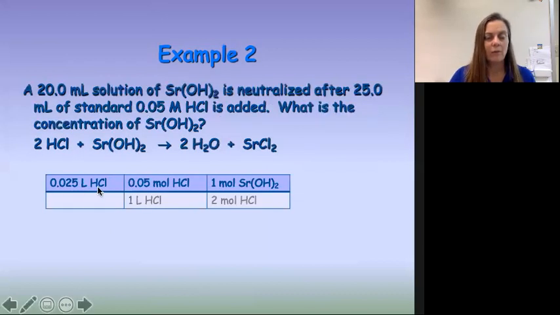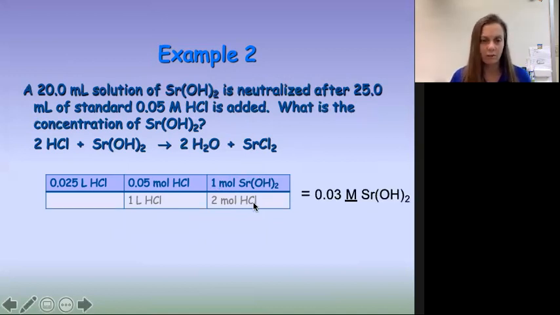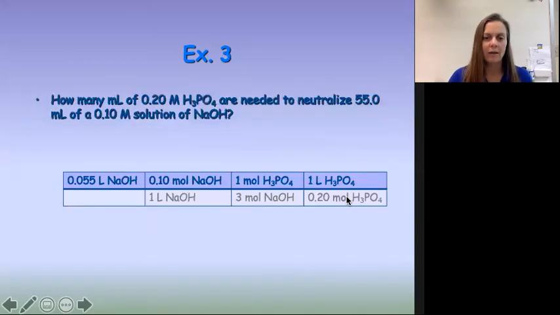So 0.025 liters multiplied by 0.05 moles per 1 liter. That's the molarity, moles per liter. Then we're going to use our molar ratio from our balanced chemical equation to discover that we have 0.03 moles, whoops, that should say moles of strontium hydroxide.